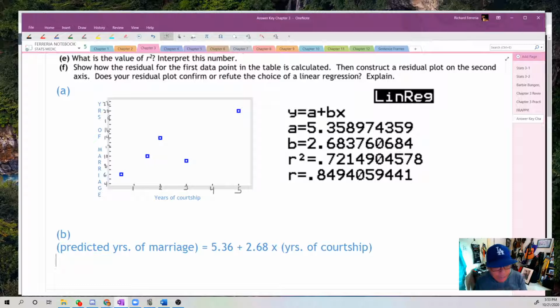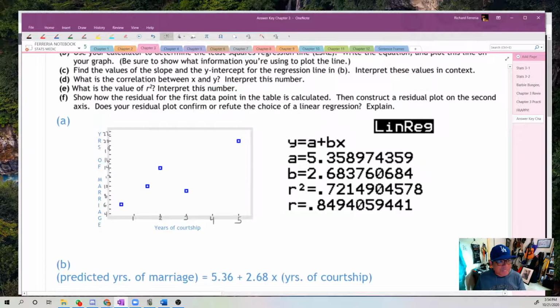Having that copied in here, we're going to type in our regression equation. Don't forget that we need predicted years of marriage equals 5.36 plus 2.68 multiplied by the years of courtship. So that is our regression equation in the style that I would like you to write it for my class.